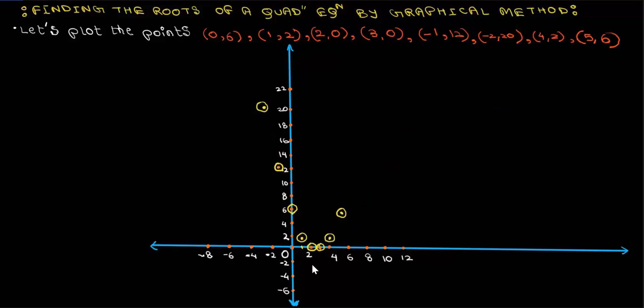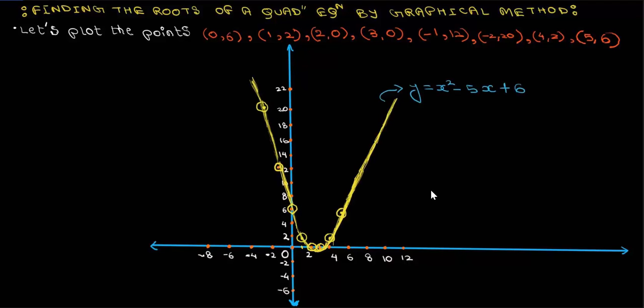Minus 2 comma 20, this is the point. 4 comma 2, this is 4 comma 2. 5 comma 6, this is 5 comma 6. So if we join all these points, we will get a parabola. The equation of this parabola is y equal to x square minus 5x plus 6, and we are required here to find the solutions graphically.